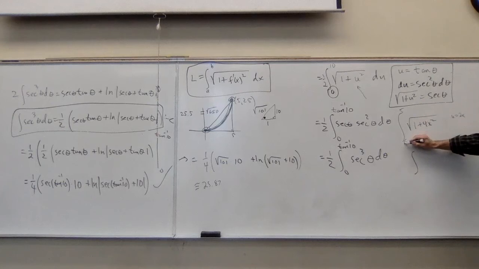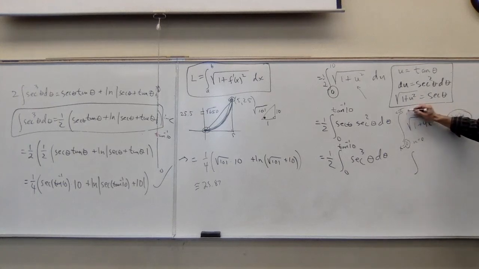So when x equals 0, u equals 0. But when x equals 5, 5 times 2, u equals 10. Yeah. So we're really fortunate that there's a definite integral. We can just change the limits and not have to fight our way back.